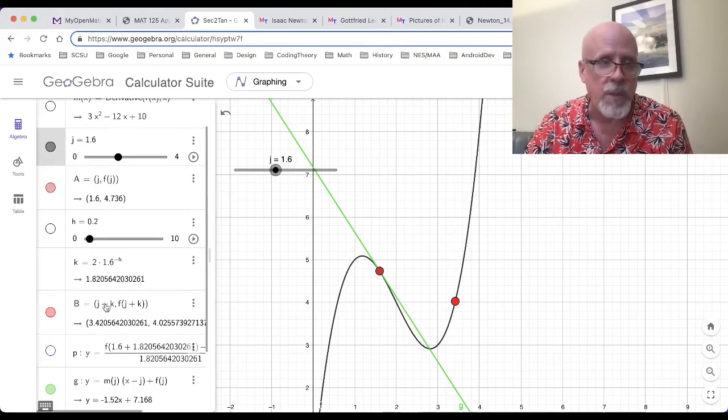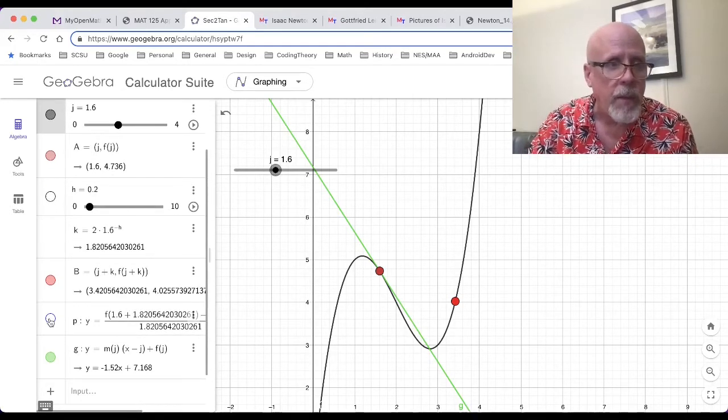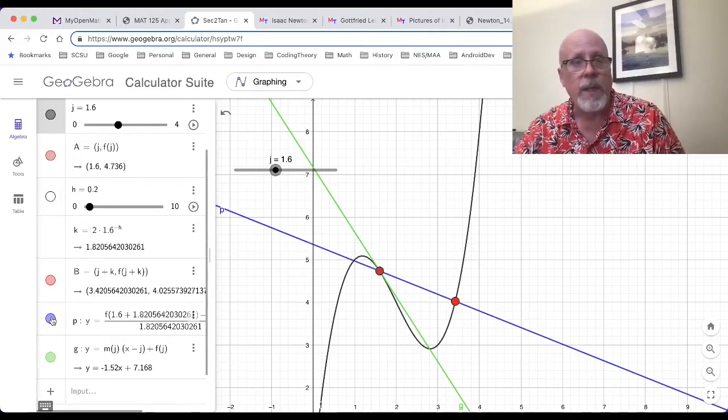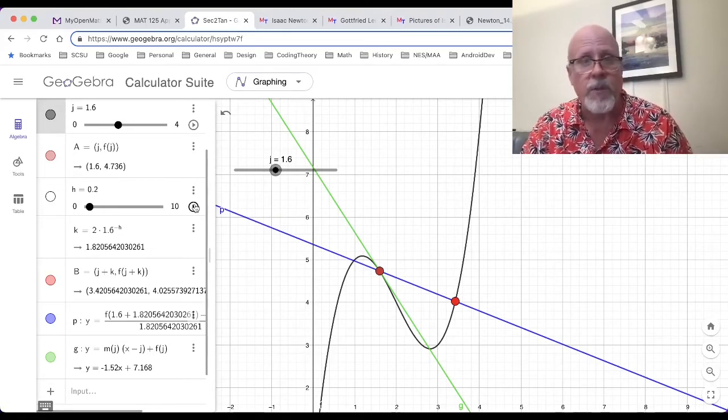When our x coordinate is j plus k, our y coordinate will be the function applied to that same position. Now, the other thing that I had on here, and which I turned off, was this blue line. That's a secant line. I think this relationship between the limiting value of secant lines and the tangent line is kind of interesting, and you'll get it when you see this animation played.